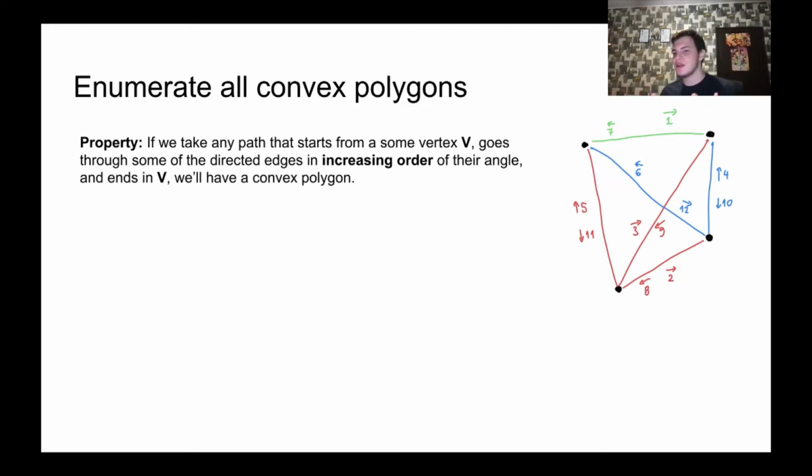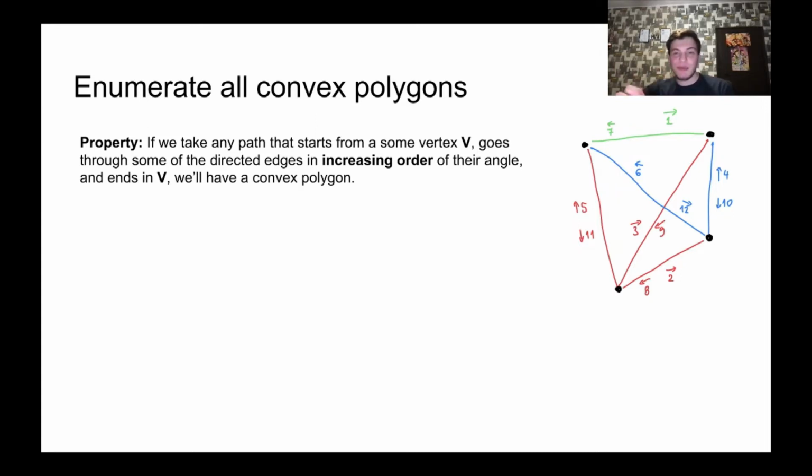But it's a good thing to have in mind that sometimes when you want to enumerate convex polygons, or have some task which depends on the convex polygons for some set of points, a pretty neat trick is to consider all directed segments, sort them by angle, and look at paths that are increasing based on the current angle, not the edge.